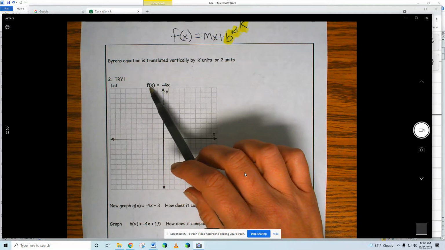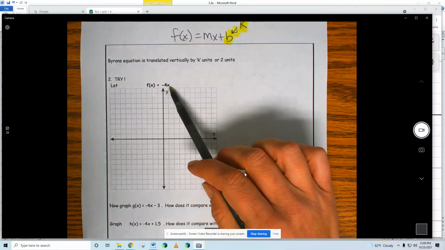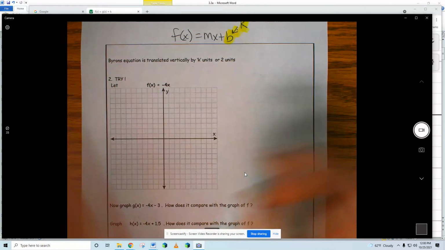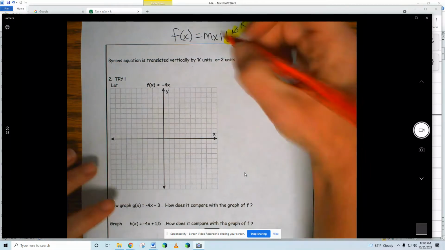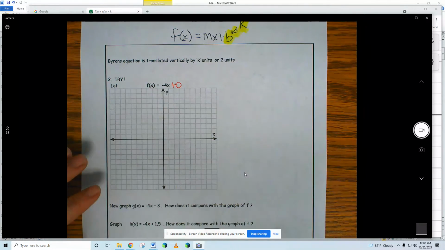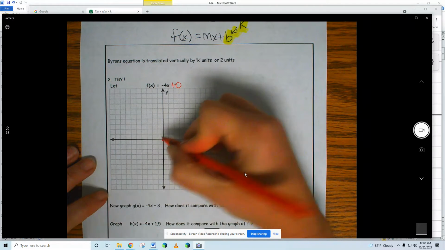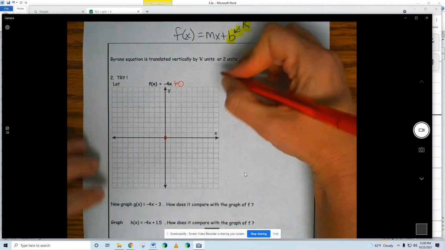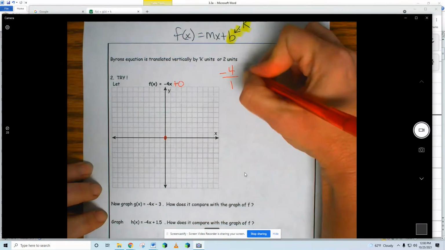So let's try number 2. Let f of x equal negative 4x. I need to graph this line. It does not have a y-intercept. So obviously it's plus 0 because there's no y-intercept. So I'm going to begin at 0. And then I'm going to go down 4 over 1.